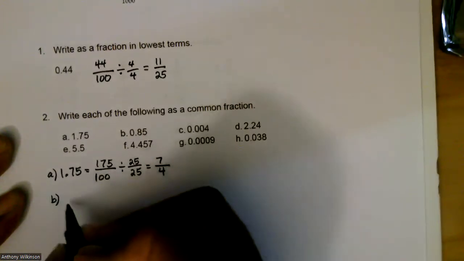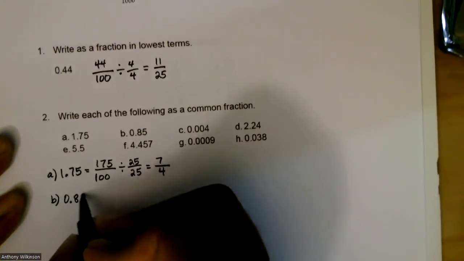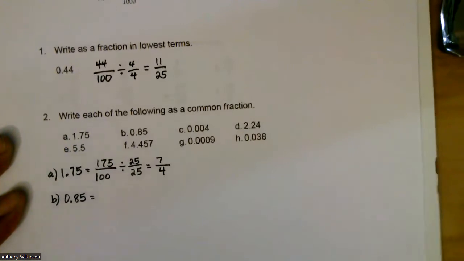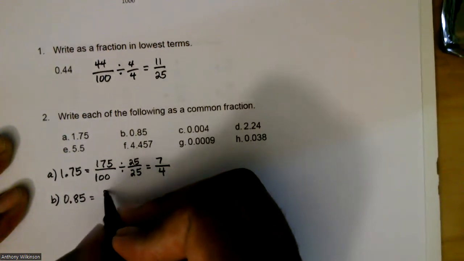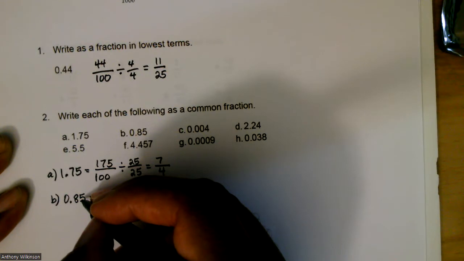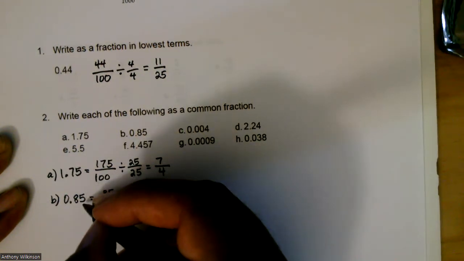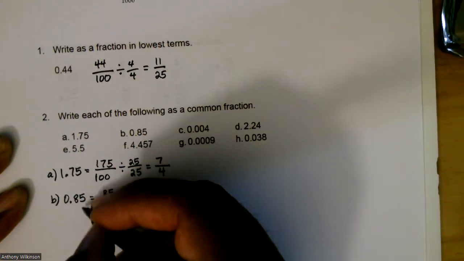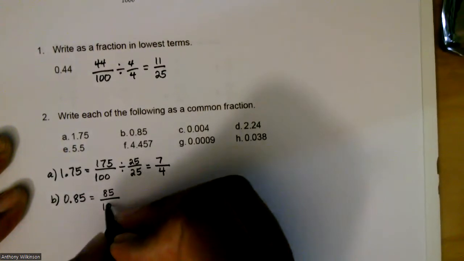Part B, 0.85 or 85 hundredths. Well, the 85 will have to go in the numerator. The 5 is the last digit in that number, and it's the second number after the decimal point. So the place value for that is the hundredths place.